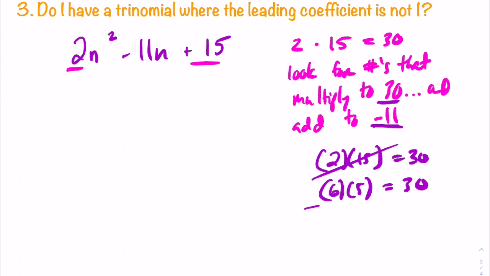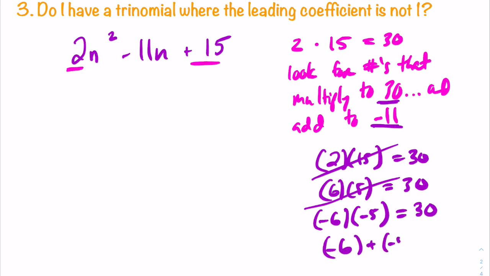So the positive's not going to work, but what if I do 2 negatives? Negative 6 times negative 5. When I multiply them, I get positive 30. But when I add them, negative 6 plus negative 5, I do get negative 11, which means those are the 2 numbers that we were looking for, negative 6 and negative 5.